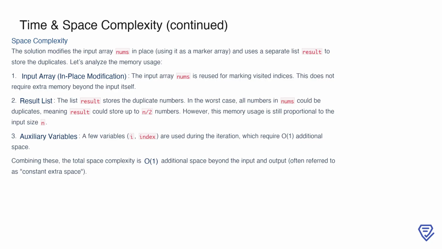However, this space usage is still directly proportional to the input size, making it O(n). Beyond these, the algorithm uses a few auxiliary variables, such as the iteration variable and index for calculations, which require only constant space. Therefore, the overall additional space complexity is O(1), as no significant memory is allocated beyond the input and output.